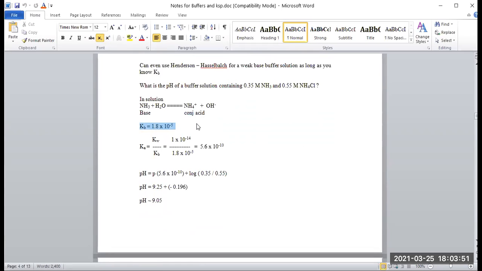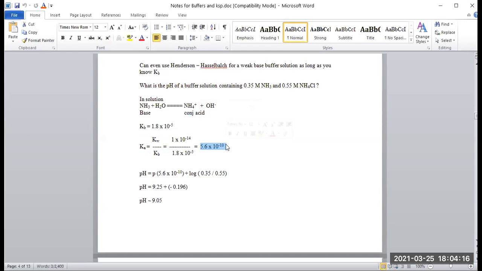Here's my Kb, 1.8 times 10 to the negative fifth. We know what Kw is. We know what Kb is. Do your division, and my Ka ends up being 5.6 times 10 to the negative 10th. It is a very low Ka.